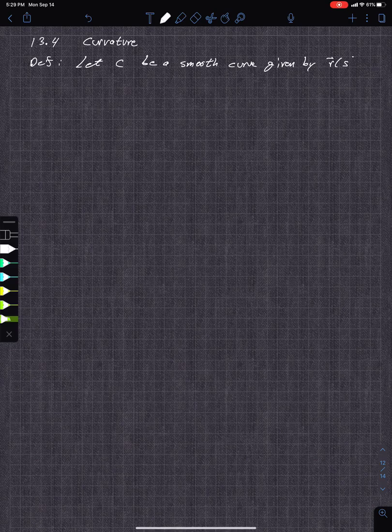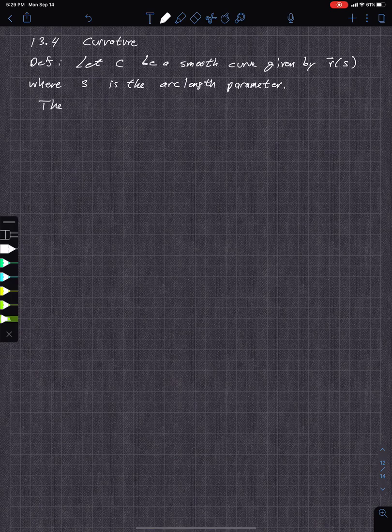This is where it gets kind of weird, but don't worry, the calculations aren't that bad. Given by r of s, where s is the arc length parameter. It's kind of a strange result when you think about it, but I'll try to describe what this means as we go.